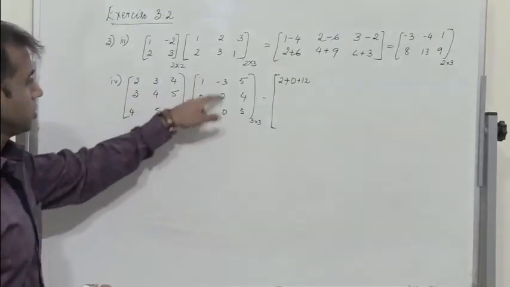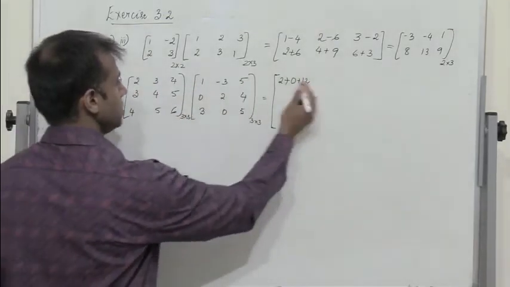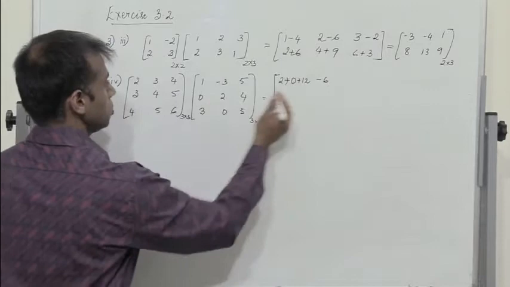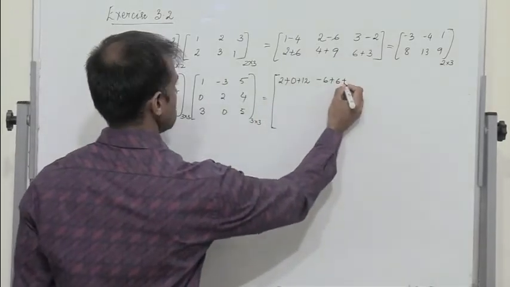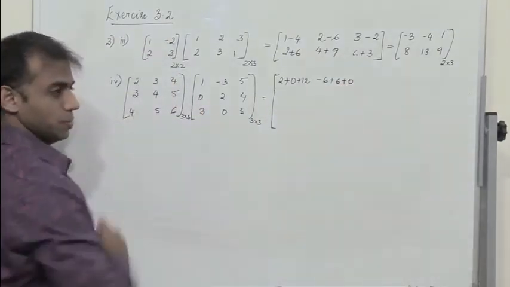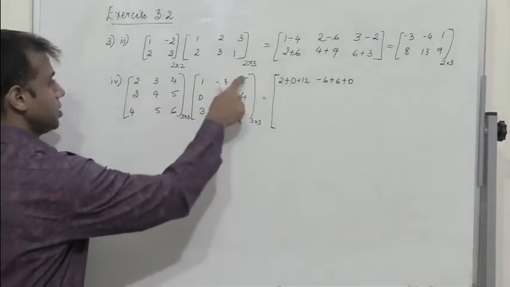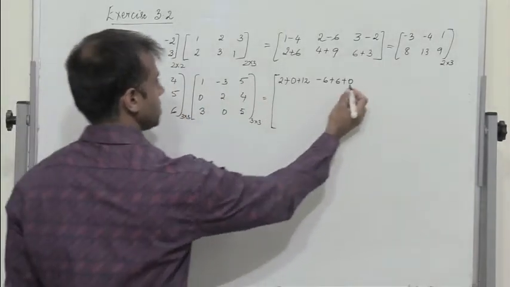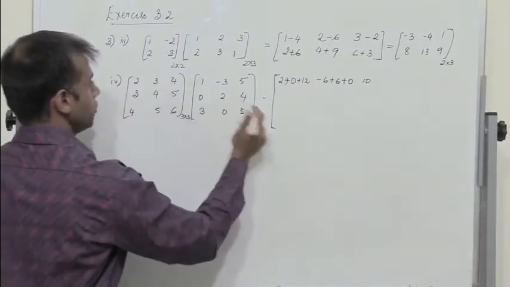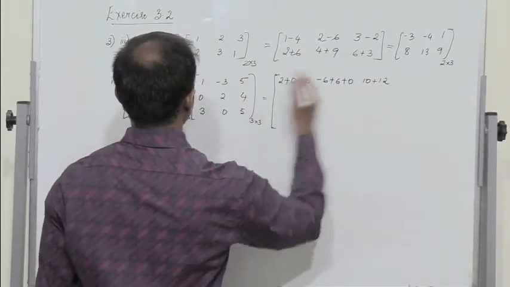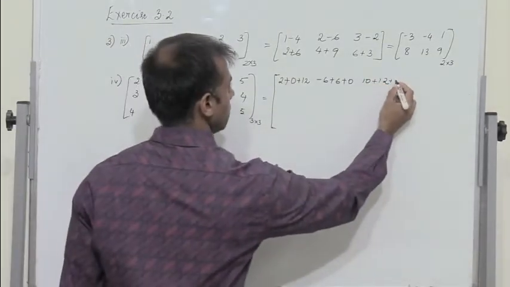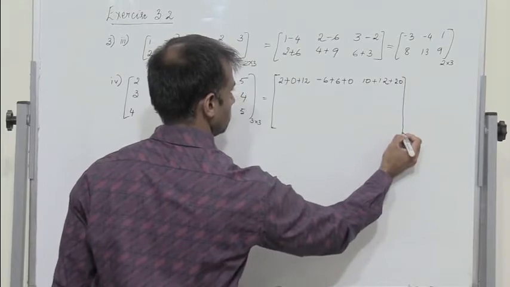Next I have first row into second column. 2 into minus 3 is minus 6, 3 into 2 is 6, plus 4 into 0 is 0. Next, first row into third column. 2 into 5 is 10, 3 into 4 is 12, and 4 into 5 is 20.